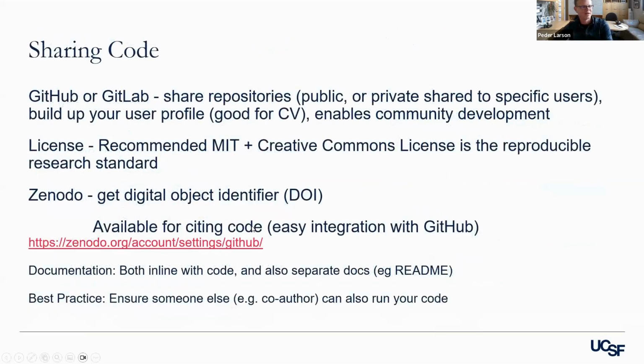And just a couple of general takeaways. GitHub or GitLab, I've seen it done well both ways. Get your DOIs from Zenodo, both for your code and for data sets, so you can cite these things, so you get credit, so you can track usage, and so you can easily hand them around.